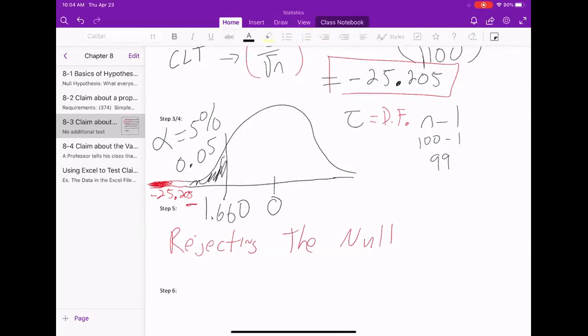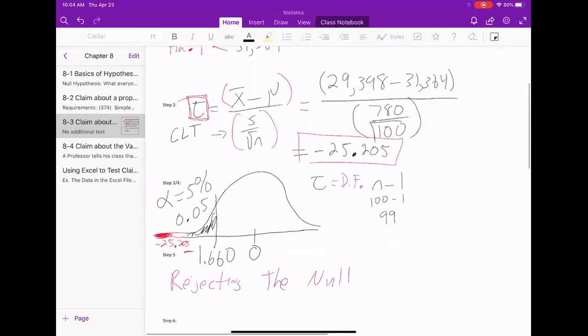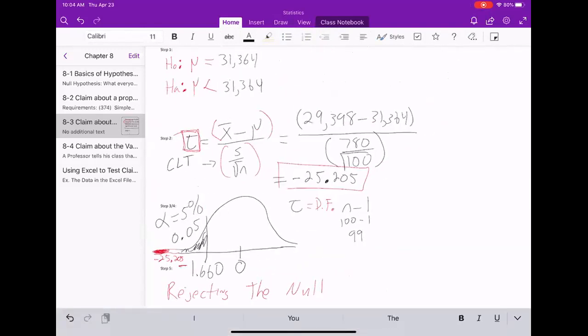So I'm trying to get off my draw page and kind of bring this up so we can see all the steps. I'll give people a second to look at that so we can see how we feel about what we just did.